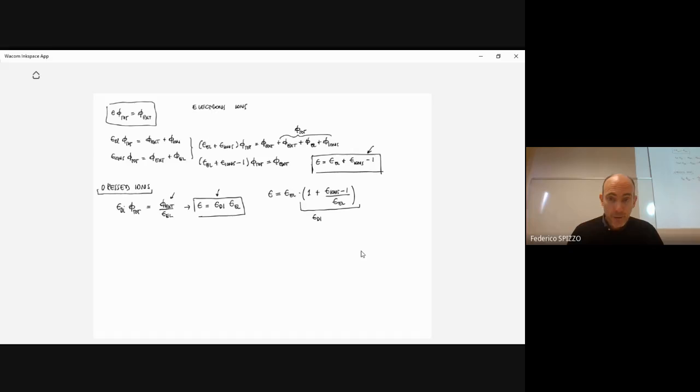At this point, the problem is to find an expression for this, that is the ion contribution. So the question is, how may we estimate the relative permittivity of the ions? To answer that question, you may concentrate on the ionic system.